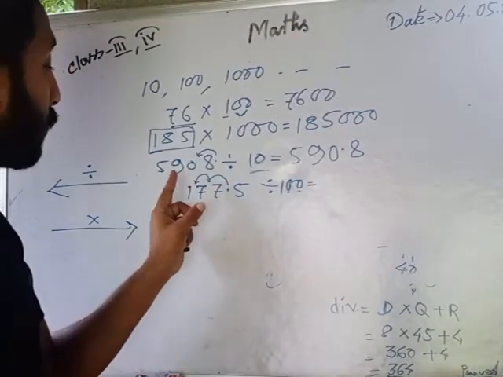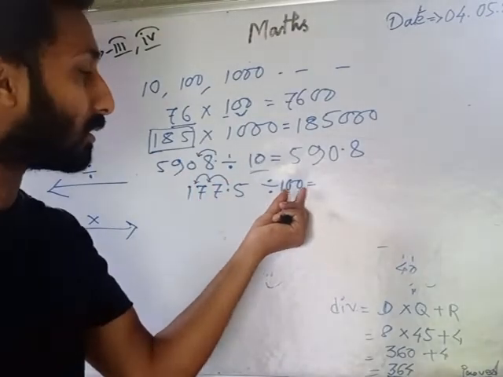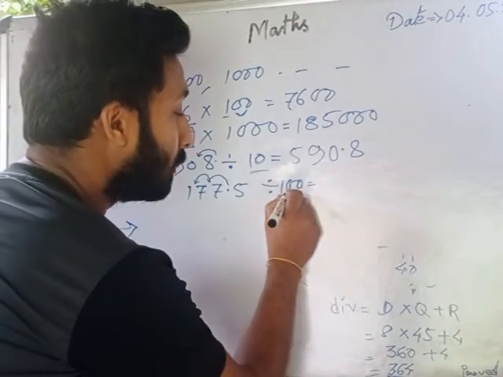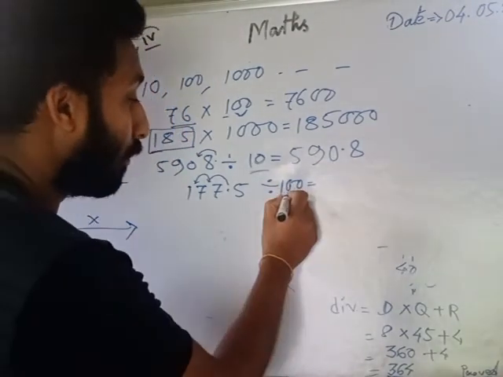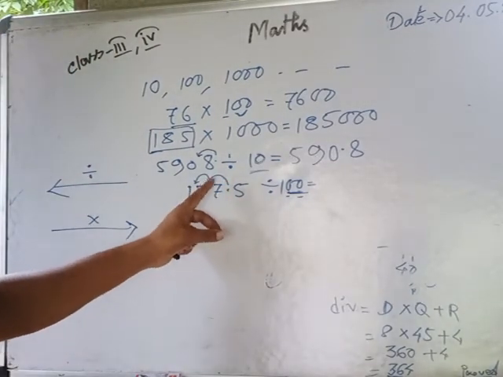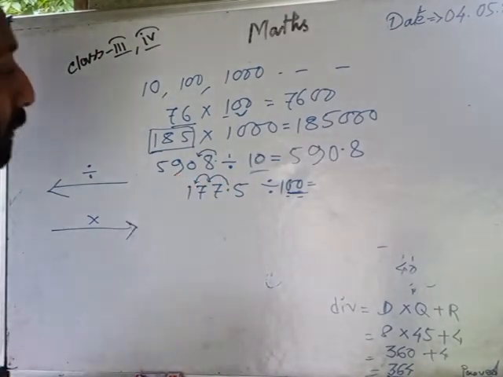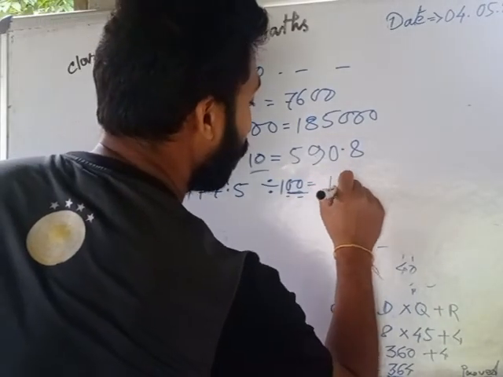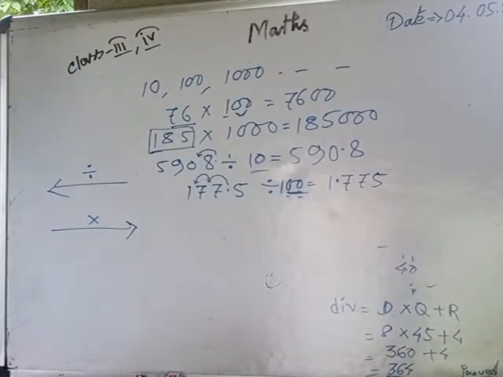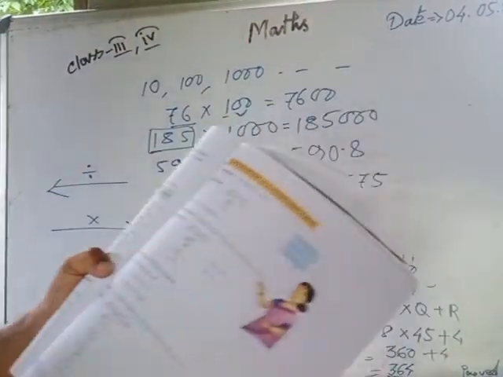Why 2 digits back? Because we divide by 100, that means 00. So the point goes back 2 digits. That means 1.775, the point is in here. Okay. Like this, you should do your homework properly.